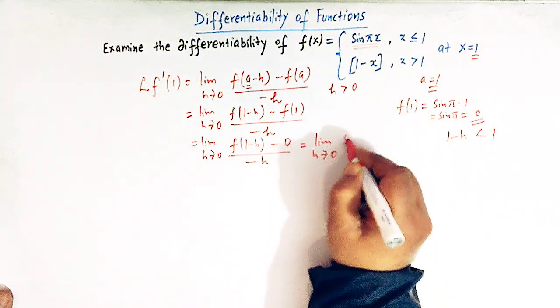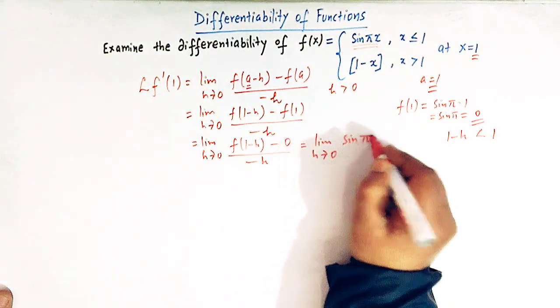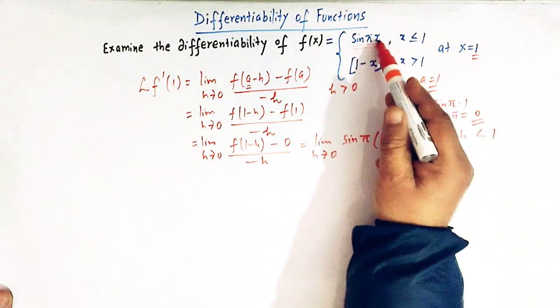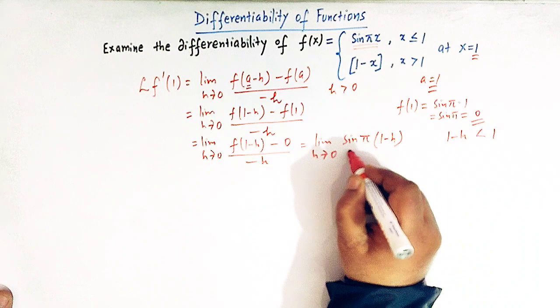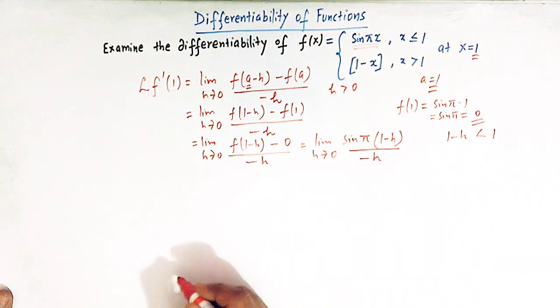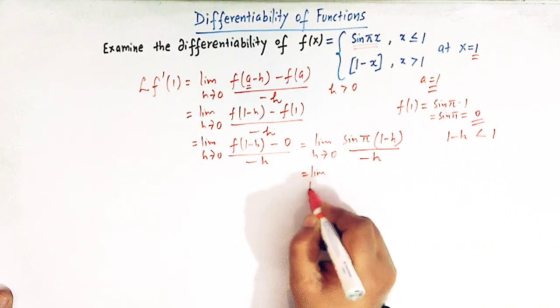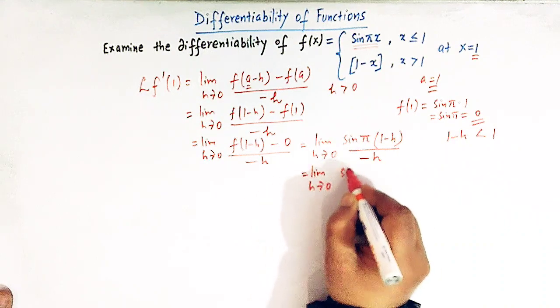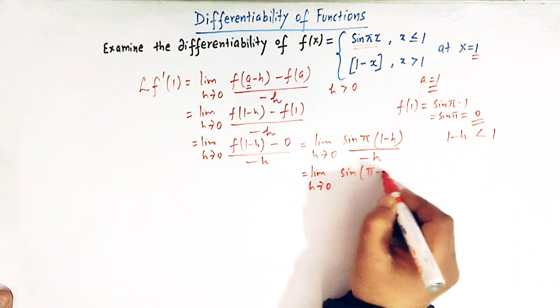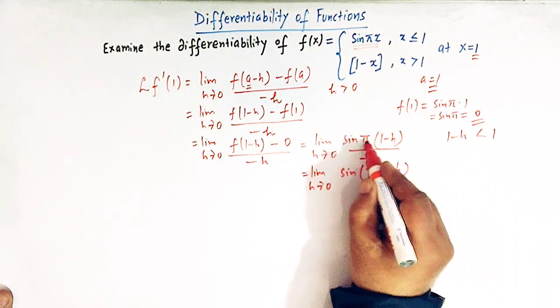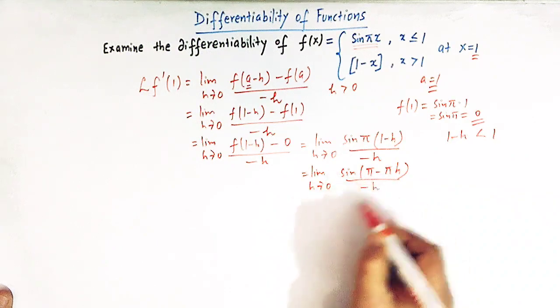So we have sine pi times, and here we have 1 minus h for x, divided by minus h. Now let us evaluate this limit. So we have limit h tends to 0 of sine of pi minus pi h, divided by minus h.